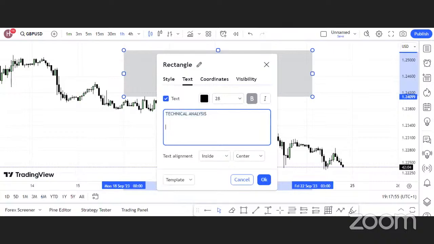Support or demand. Then we have supply or resistance.